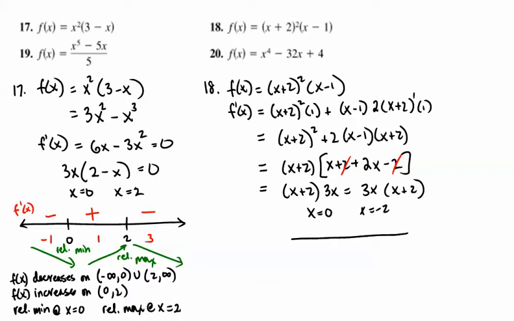I'm going to do the same thing I've always done. I'm going to draw a number line and plot my critical numbers at negative 2 and put 0 to the right. I'm going to find some test values, -3, -1, and 1. And recall that I'm using the first derivative there.